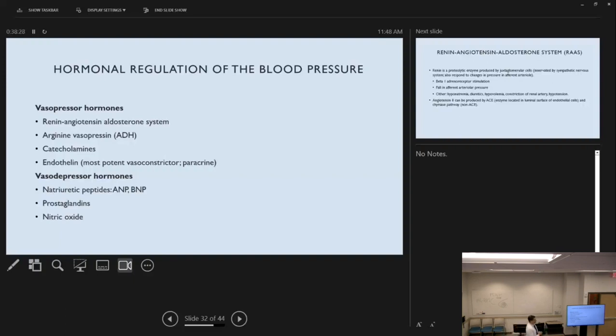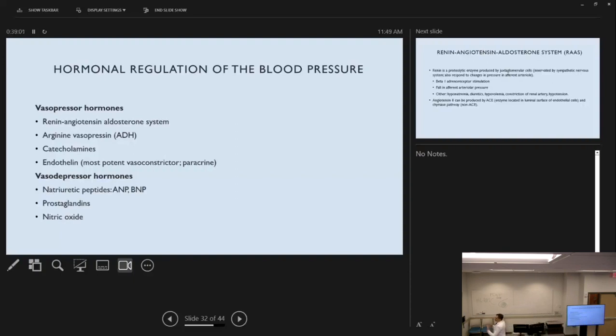Endothelin is more powerful than epinephrine, but it is produced locally. If you remember when you studied hemostasis in the past, when you have an injury to a blood vessel, there is a transient vasoconstriction and then vasodilation. That transient vasoconstriction is produced by endothelin. There is no time for the adrenal medulla to produce epinephrine and for epinephrine to go there and produce constriction locally. No. Endothelin is produced locally when there is an injury.